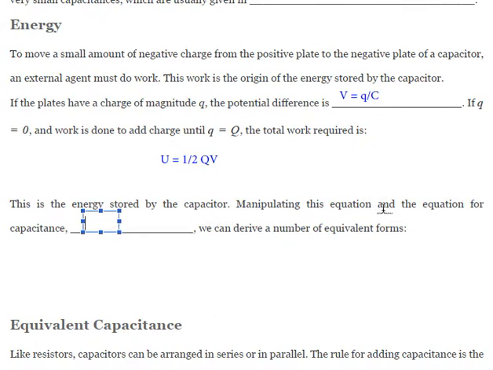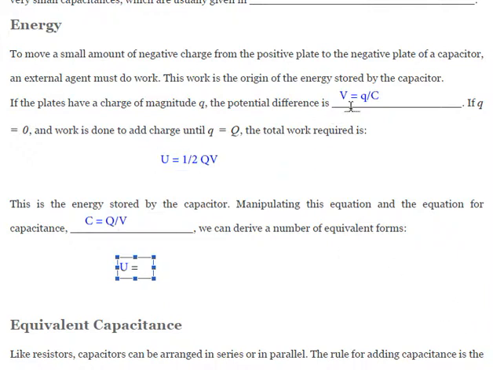So we can take this equation and the equation we had before for capacitance, which was C equals Q over V, and we can actually express the energy in a few different ways.